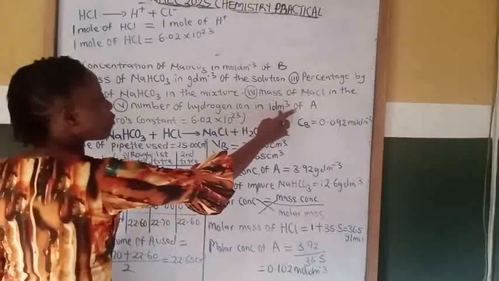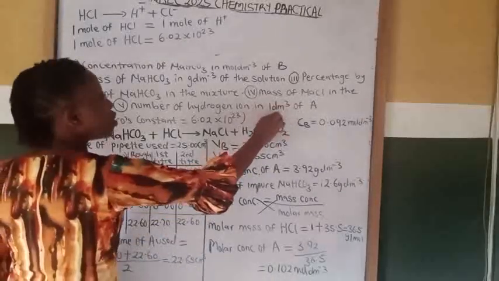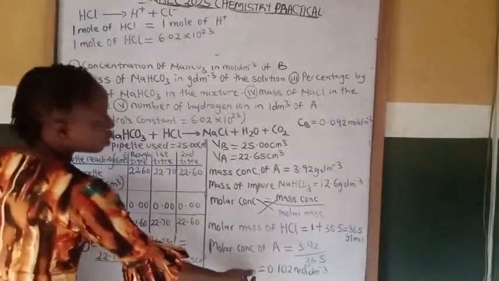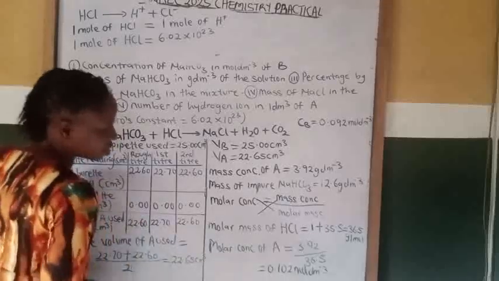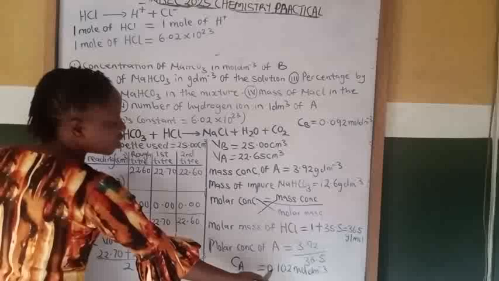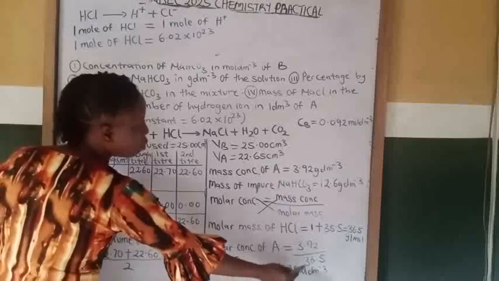So molar concentration of what are we talking about? The molar concentration of acid. Then what is our molar concentration of acid, which is Ca? Our molar concentration of acid is 0.102 mole per dm cube.